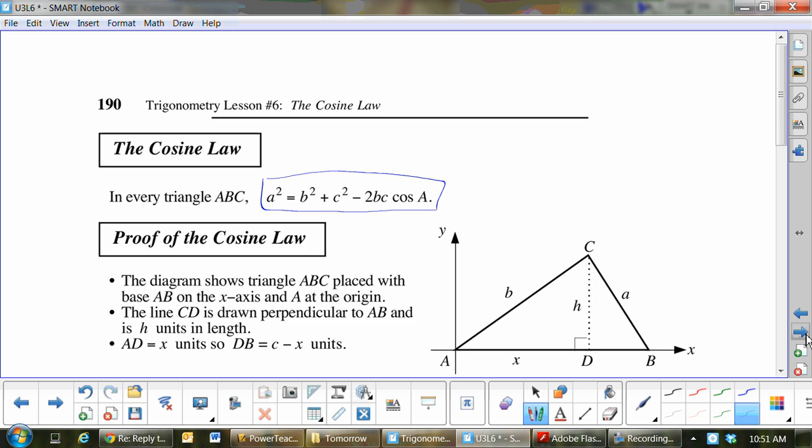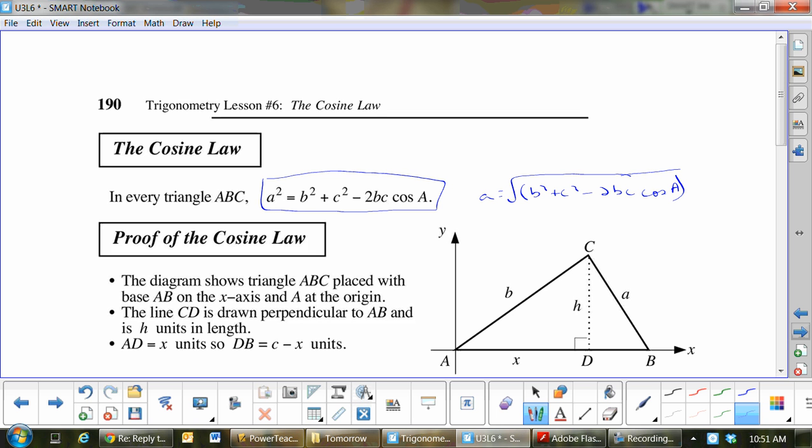That was so nice. This looks worse than it is. It's not so bad. And the way I always deal with it is I go like this into my calculator. A equals, I do the square root of, and square root opens a bracket for you. B squared plus C squared minus 2BC cos A. And it just gives me A instantly.